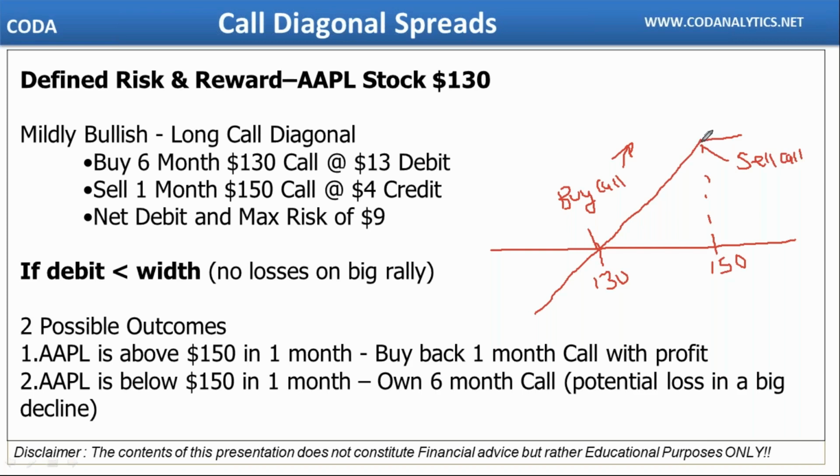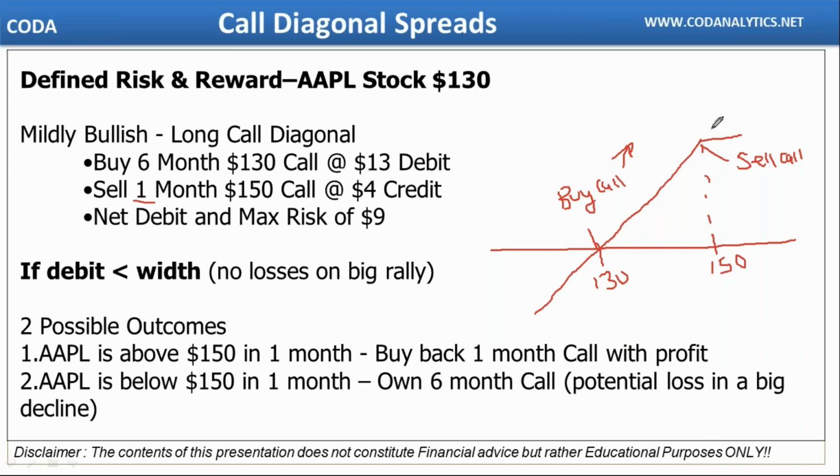And by losing money, it means that the buyer of this option, the 1 month option, might decide to exercise their right. Because price is above 150, they decide to exercise it, and that means that you are obligated to meet that demand.